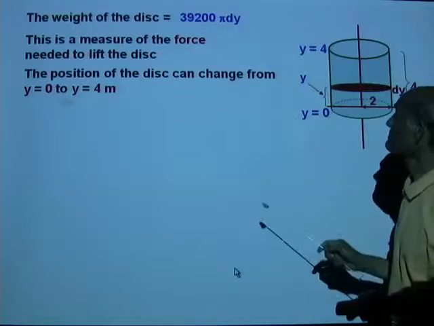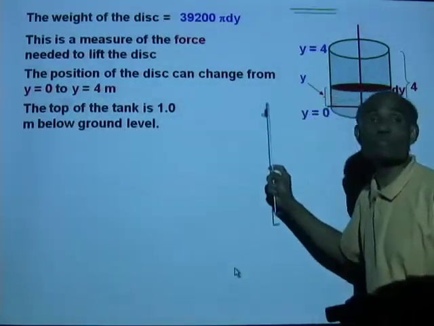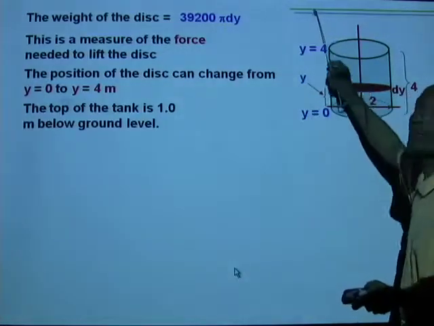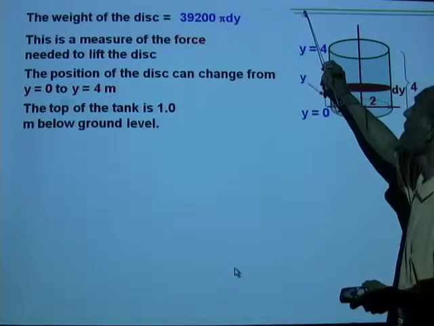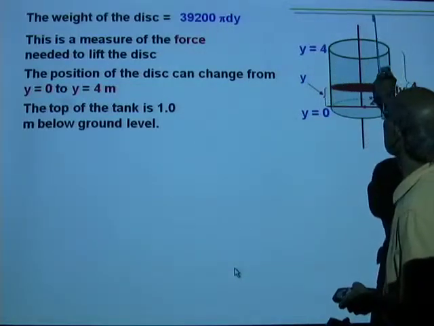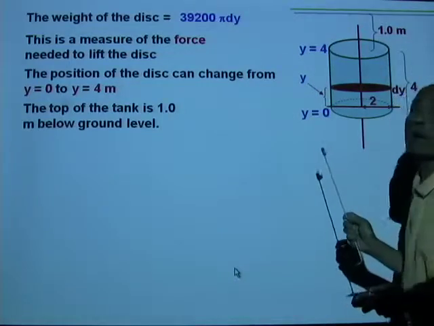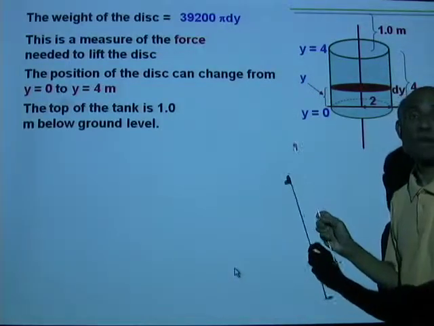That's right. Now, the top of the tank is 1 meter below the ground level. So if the ground level is over here, which I don't know whether you can actually see that yellow line I have put. Now, the top of the tank is 1 meter below the ground.